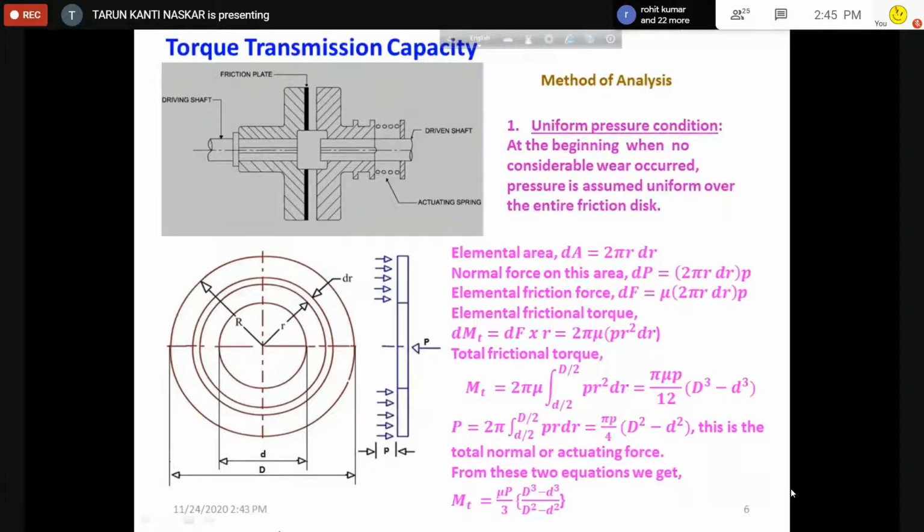Now, using these two equations, we can write that Mt is equal to mu P by 3 into (D cubed minus d cubed) divided by (D squared minus d squared). So for uniform pressure condition, this is the value of Mt, the total frictional torque.